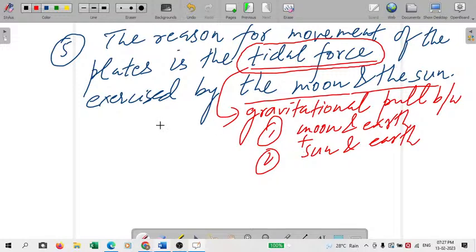Why do we call it tidal force? Because ultimately it is manifested to the eye in the form of the movement of the tides in the oceans and the seas. When we are on a beach, at any place on the surface of the earth, we see there is a low tide, high tide. High tide happens at night time. When does low tide happen? In the morning. Daytime is the period of low tide.